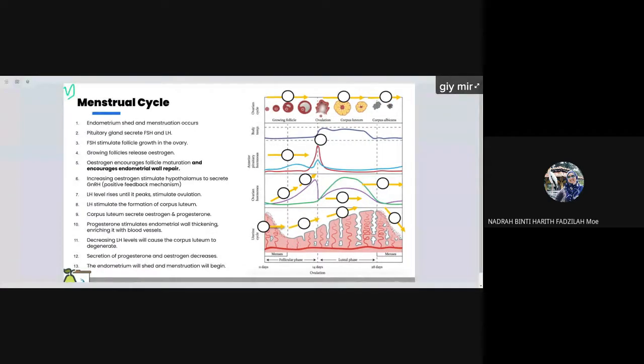Okay, so on the left side of the screen is the list of steps yang related to the diagram on the right side of the screen. On the right side tu ada 13 circles, and can you match the statement on the left with the diagram on the right?